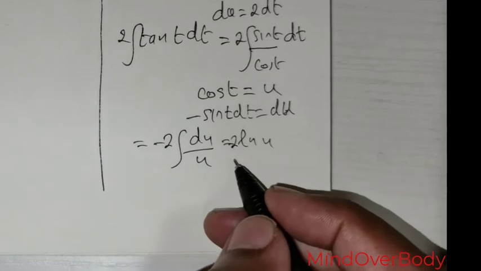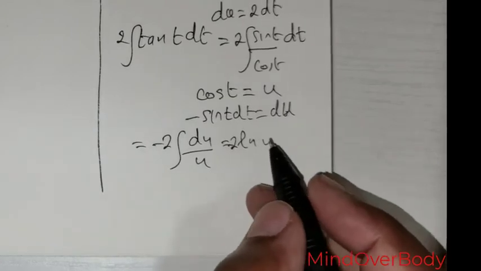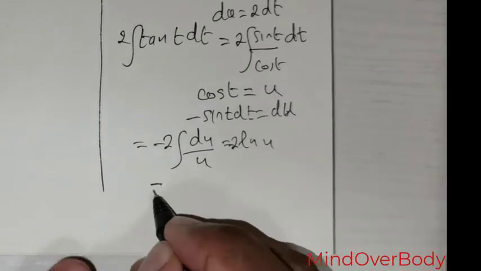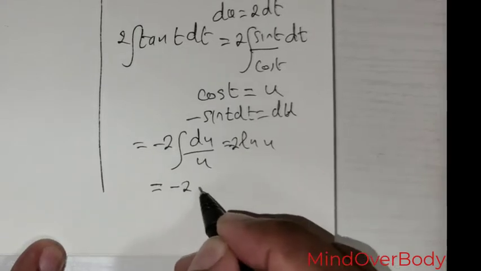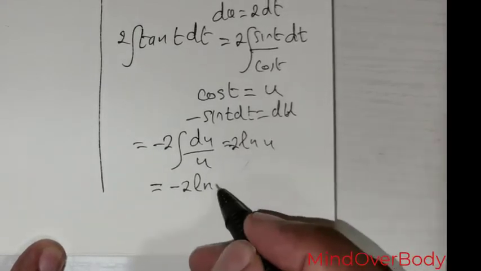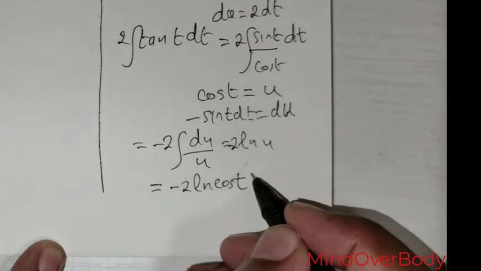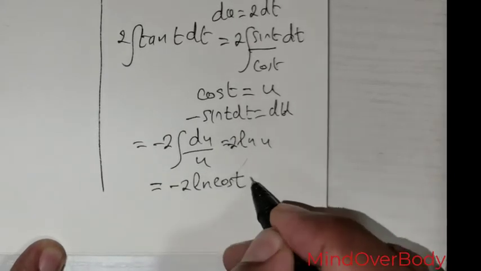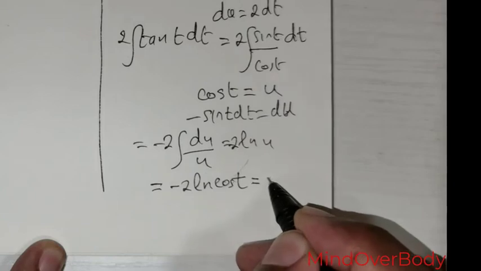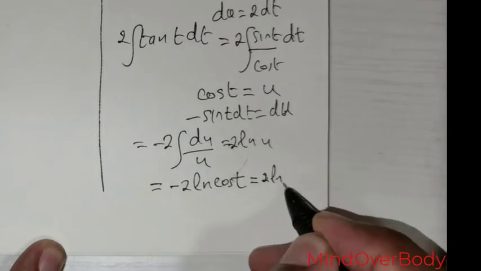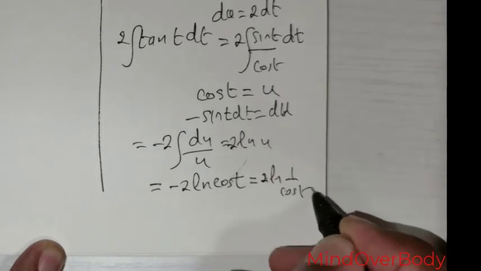Now my u, what is my u? My u is nothing but cos t. So it's going to be negative 2 times ln of cos t. I substitute cos t, so this negative goes to the other end, and that would become 2 times ln of 1 over cos t, right?